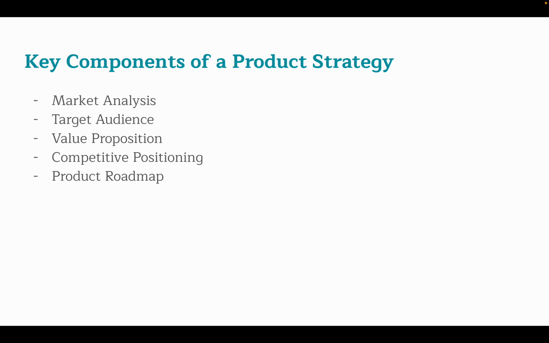Anyone that comes to use your product online or on an app, what value are you proposing to add to them? And then competitive positioning. This just means, how does the value that you're proposing to add to customers equate? Where does it stand in comparison to other competitors in the market? And that's in the mind of the individual target audience. So in the mind of a user, how does an iPhone compare to a Samsung?